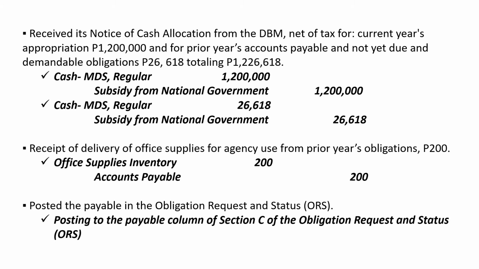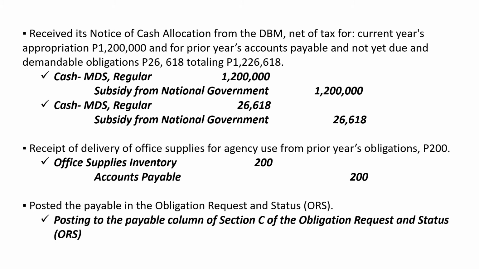So again, this would be recorded or posted also in our registries, and that is for our RANCA, the Registry of Allotments and Notice of Cash Allocation. Always remember that RANCA is maintained for each type of fund cluster, as that is the principle of government accounting, separate fund accounting. So we remember that last time we received the allotment, it was the receipt of allotment.